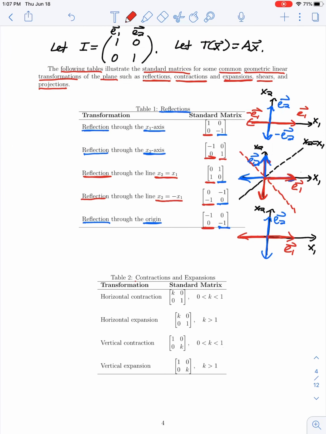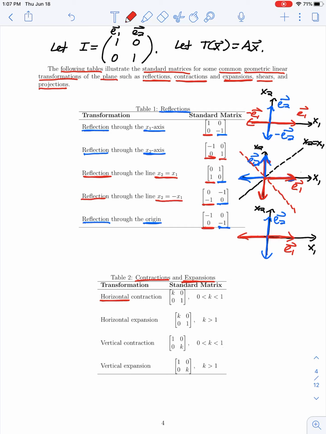Okay. So the next type of transformations, which we'll consider, are examples of contractions or expansions. So the first one that we'll look at is a horizontal contraction. A horizontal contraction would be compressing or contracting our vector in the horizontal direction.